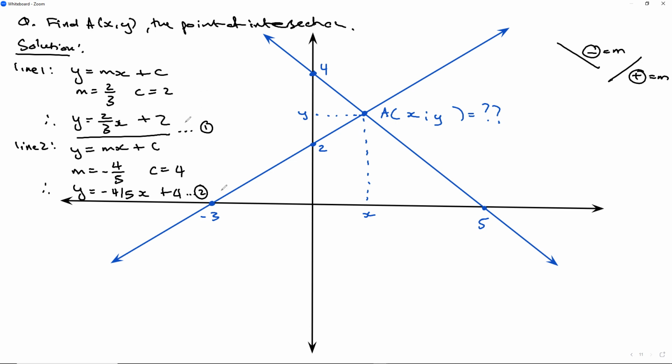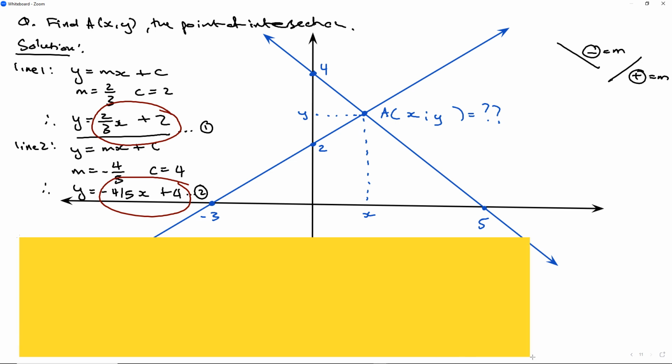All we have to do now is make them equal. I'm going to equate the two equations and solve for x. Let me gather a little space here. So equate 1 and 2.